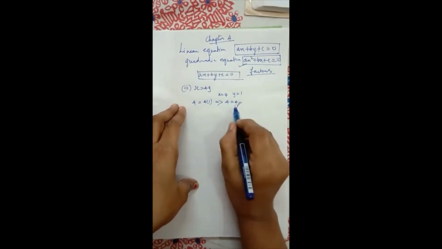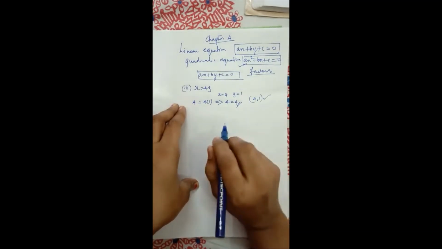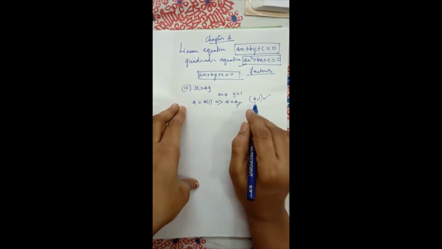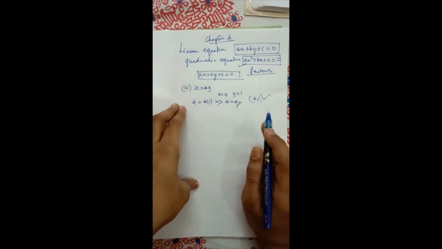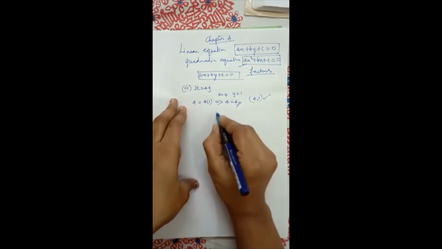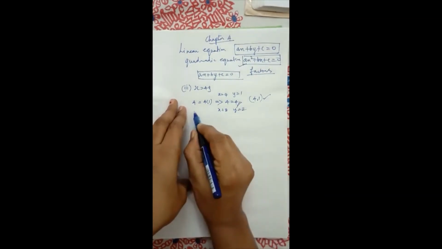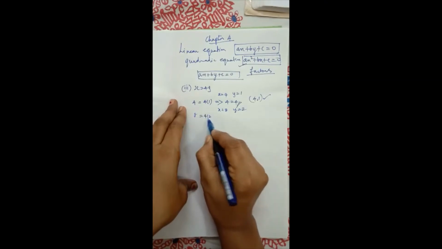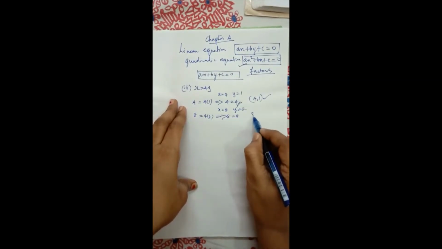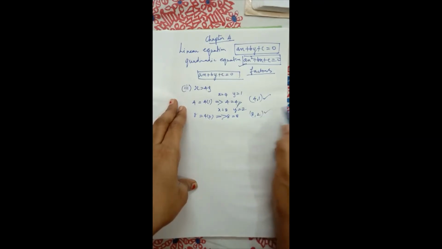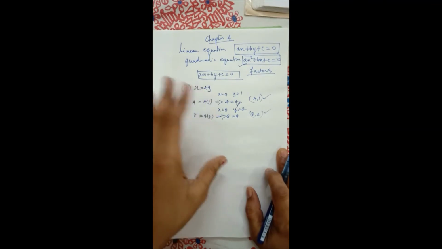If both sides are equal, then (4, 1) is one point, one solution of this given equation. Okay students, take some more. Take x is equal to 8, y equal to 2. So here 8 equals 4 times 2, so 8 is equal to 8. So we can say (8, 2) is another solution.